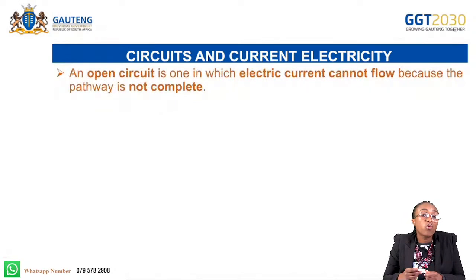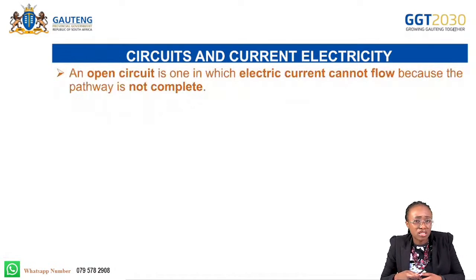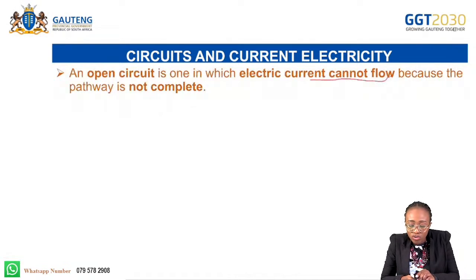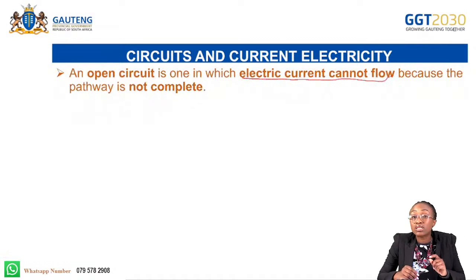So what do we mean by complete circuit, open circuit, closed circuit? An open circuit is one in which an electric current cannot flow because the pathway is not complete. So for a circuit to function, the pathway has to be complete. There should not be gaps in the pathway.